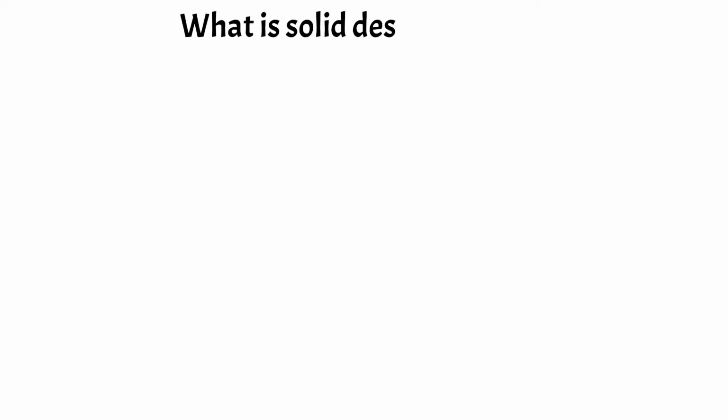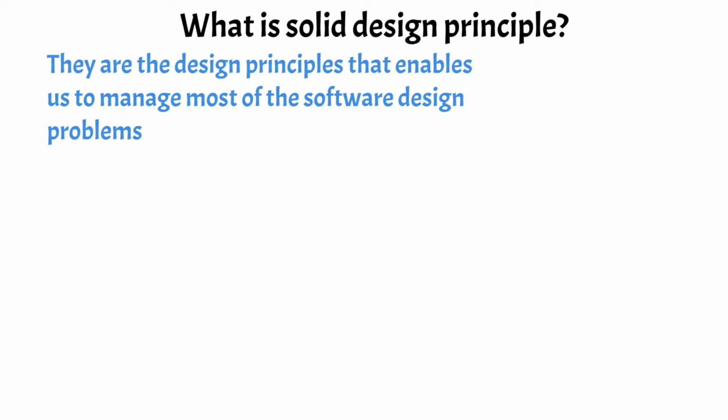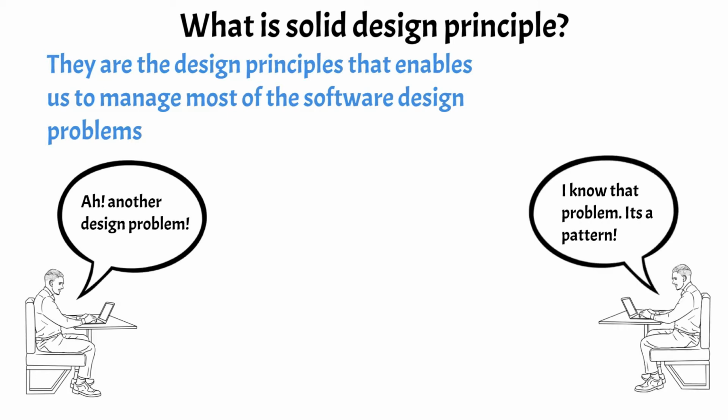So the first question is, what is a SOLID design principle? Basically, SOLID design principles are design principles that enable us to manage most software design problems. As you could expect, initially, when there were no design principles or design patterns at all, the software developers who were developing software using object-oriented programming must have undergone certain design problems, and they would have found a particular pattern using which we can solve these software design problems.